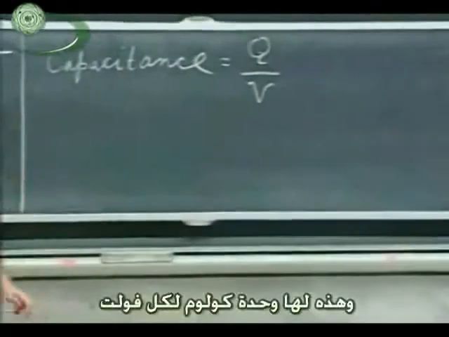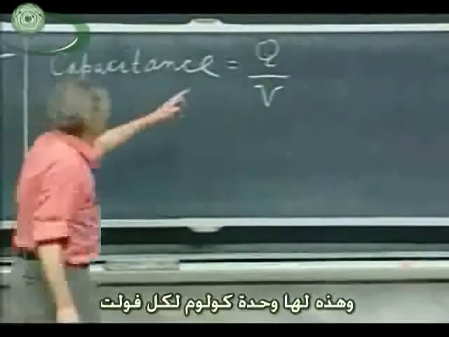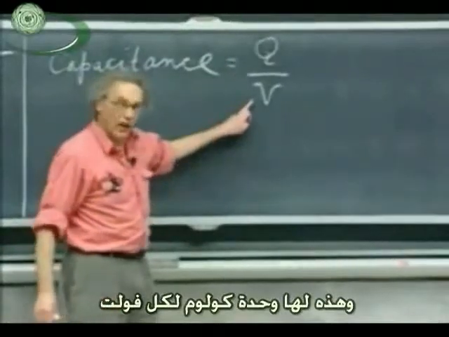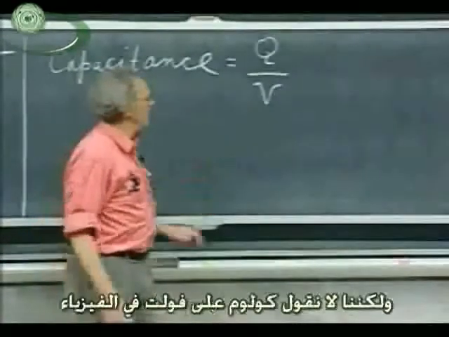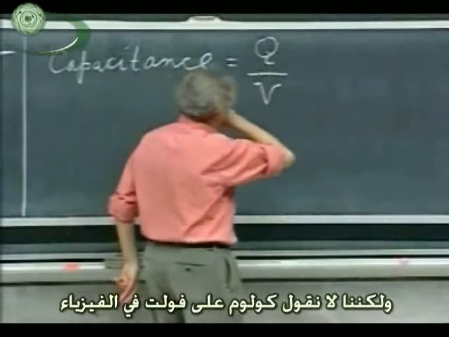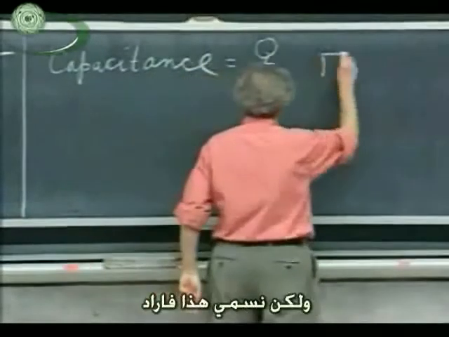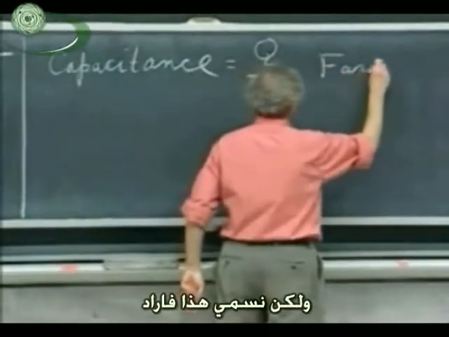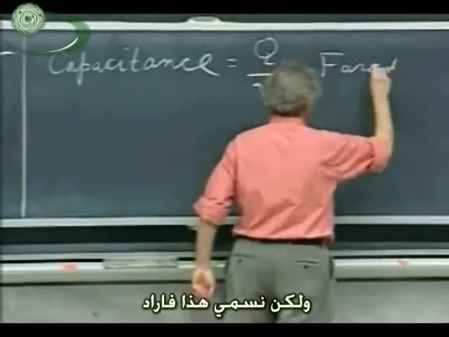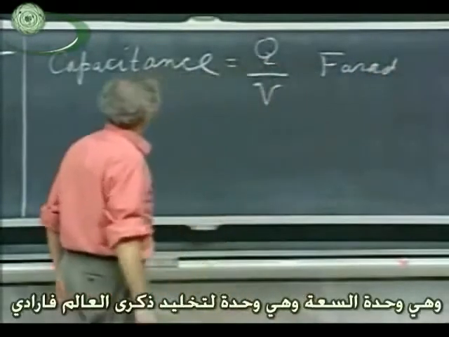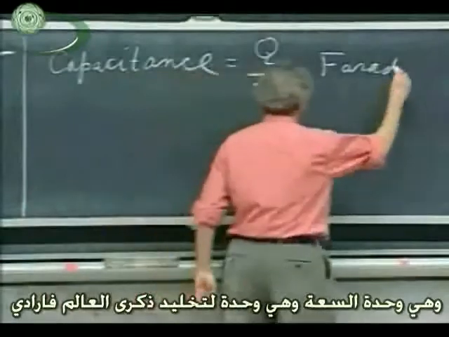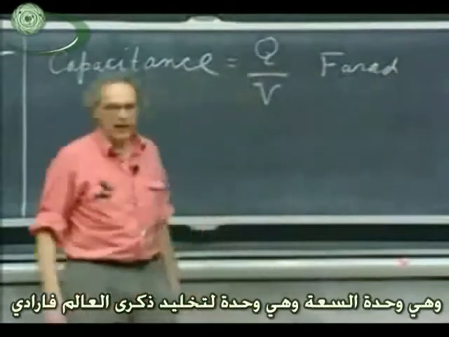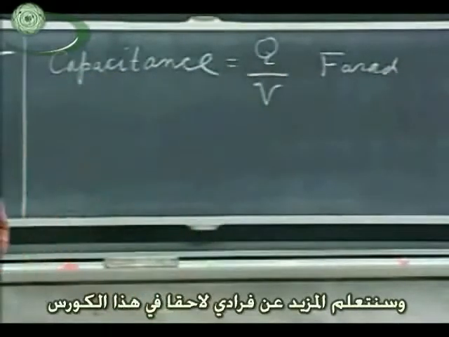And so the unit is coulombs per volt. This V is volt now, it's potential. But we never say that it is coulomb per volt in physics. We write for that a capital F, which is farad. We call that 1 farad is the unit of capacitance, undoubtedly called after the great maestro Faraday. We will learn more about Faraday later in this course.